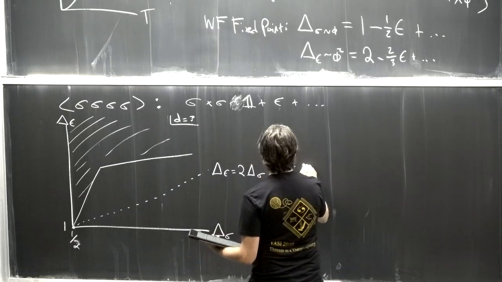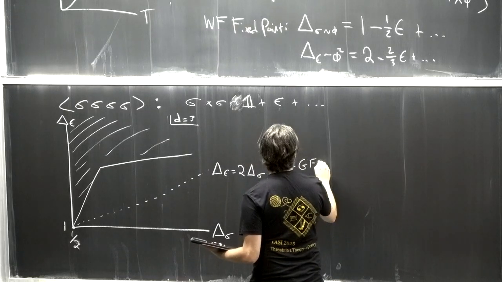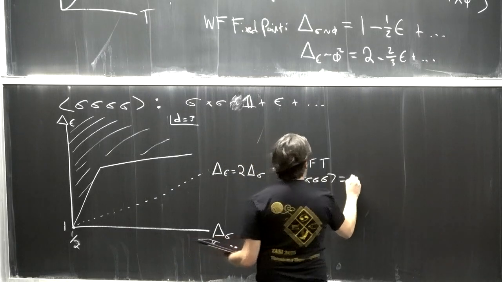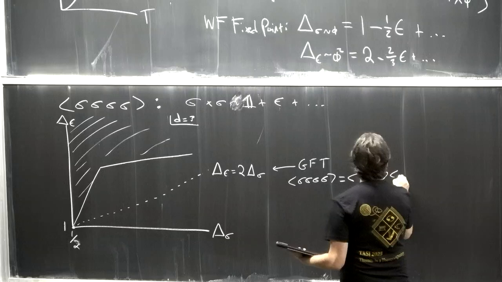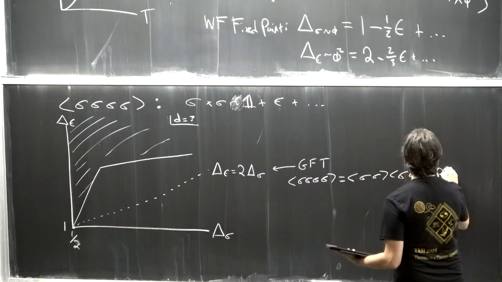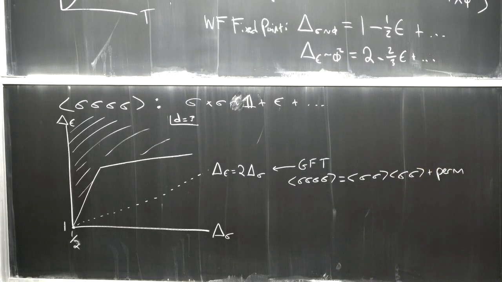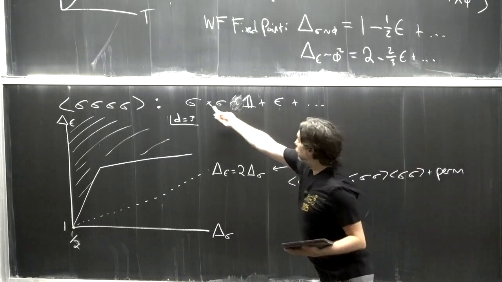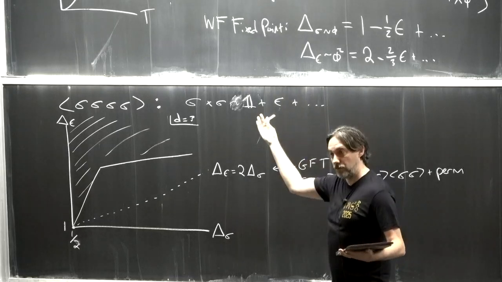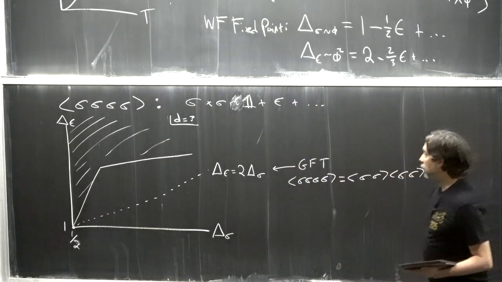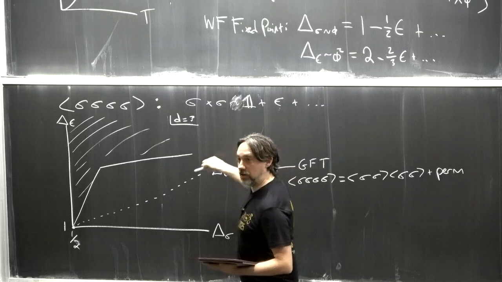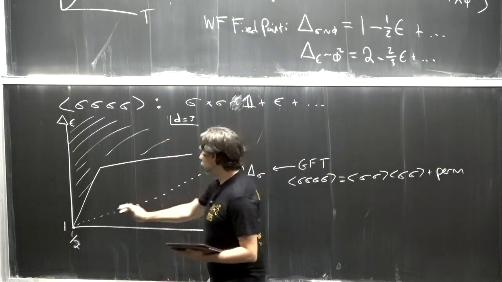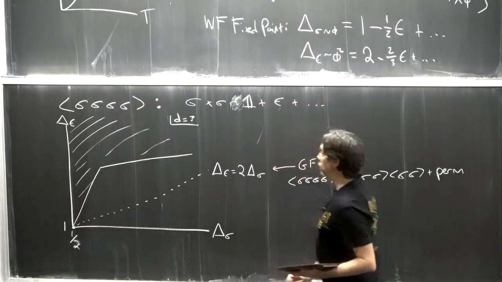This line of solutions is what you would call a generalized free theory, or a solution where the 4-point function of sigma factorizes into products of 2-point functions. And in this solution, the first scalar appearing in the sigma sigma OPE is like the sigma squared operator, has twice the dimension of sigma. So there's a whole line of solutions that we know exist. So a priori you couldn't have ruled this out without making additional assumptions.